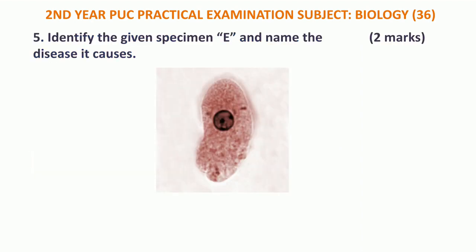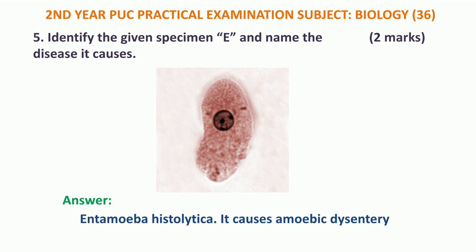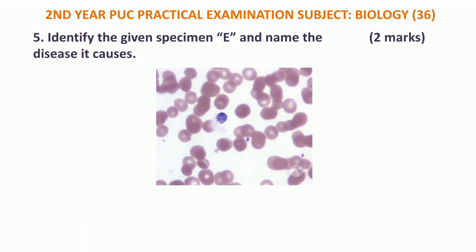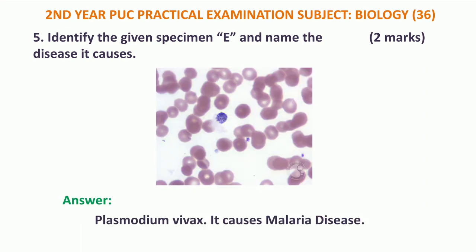If under the 5th question they give this slide, you should write the answer like this: Entamoeba histolytica, it is the scientific name, and it causes amoebic dysentery. So these are the 2 points you should mention if you get the slide under 5th question E. If you get this slide, you should write: Plasmodium vivax, it causes malaria.